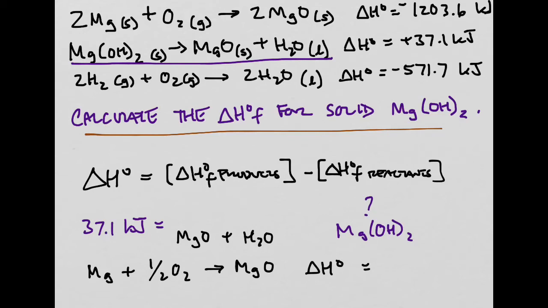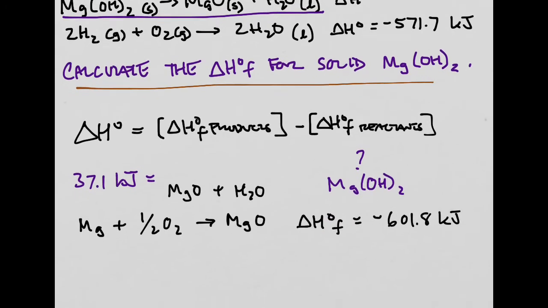And when I do that, instead of having 1203.6 kilojoules, I'm now only going to have negative 601.8 kilojoules that evolve from that process, right? And if you look at this, indeed, this is a standard enthalpy of formation because I'm starting with the elemental bits, magnesium and oxygen, to make my magnesium oxide. So in fact, I can go ahead now and convert this into a standard enthalpy of formation by adding that very important F down there.